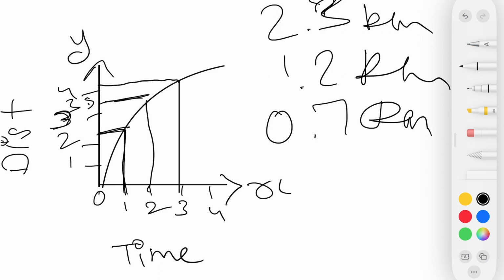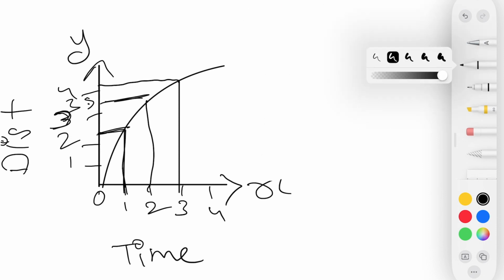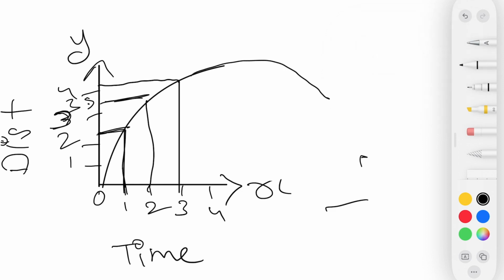So just like that, in equal intervals of time, we are covering unequal distances. Now, we are not going to go in the deep of this, because in the higher classes we'll learn that in these graphs, it goes in a dip like this, right?